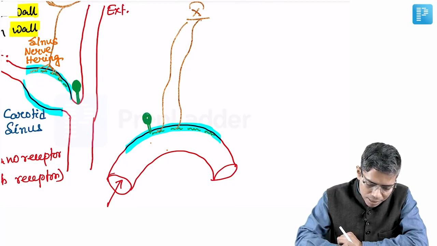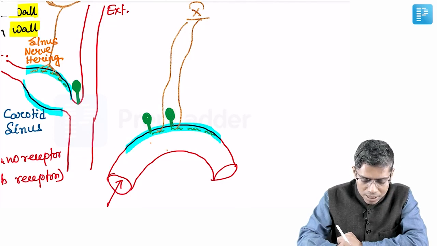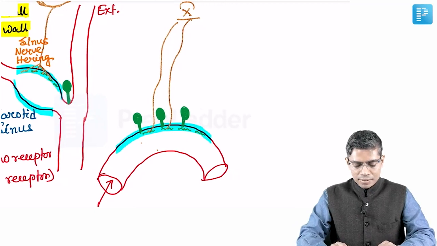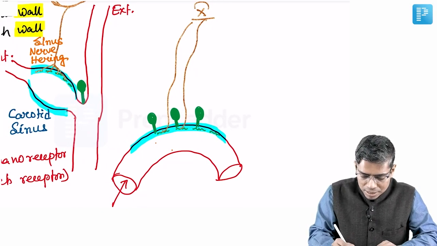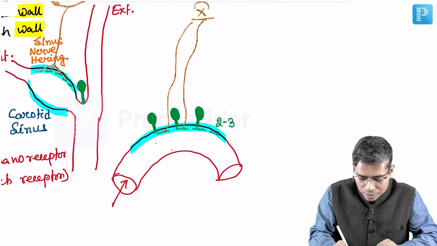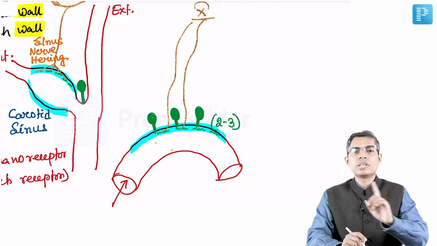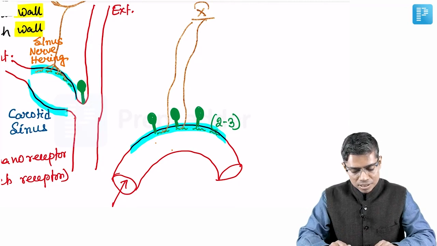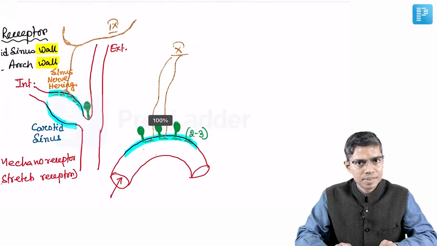So this green colored, tennis racket shaped structure that you are finding here is nothing but a small tissue, the aortic body, right? The aortic bodies are 2 to 3 in number, but the carotid body is only one on the right side and one on the left side.